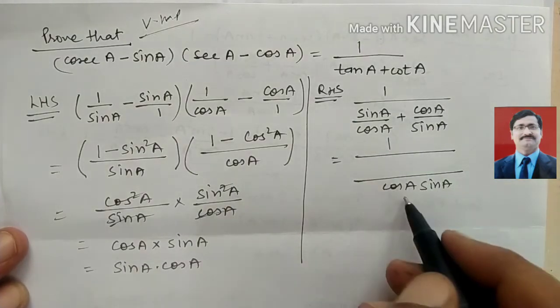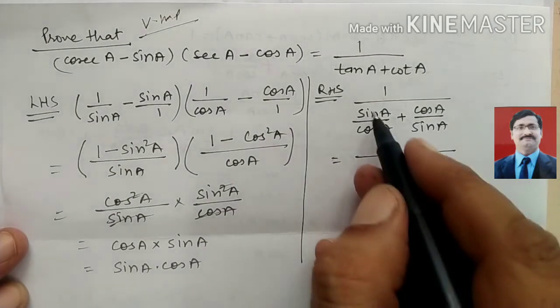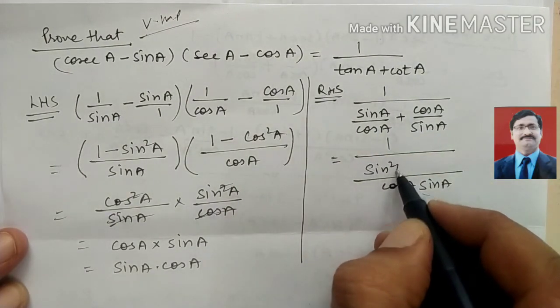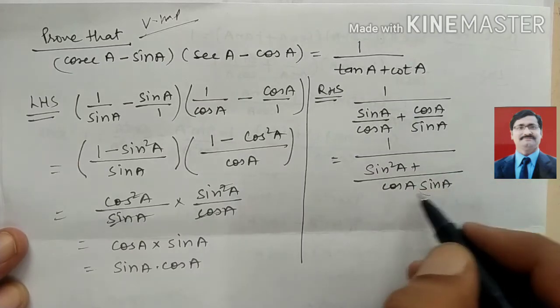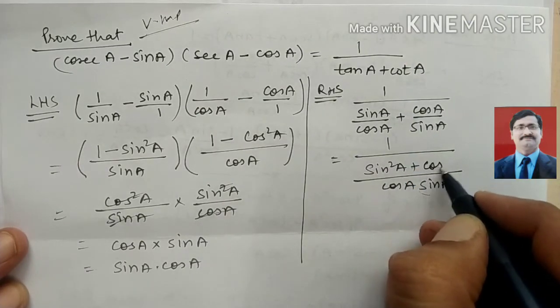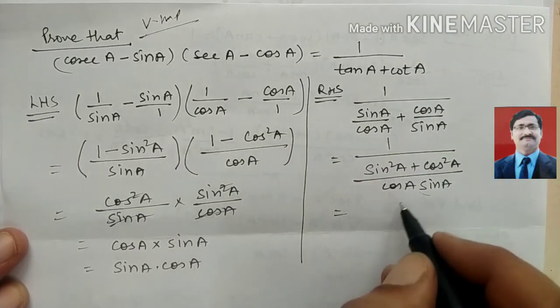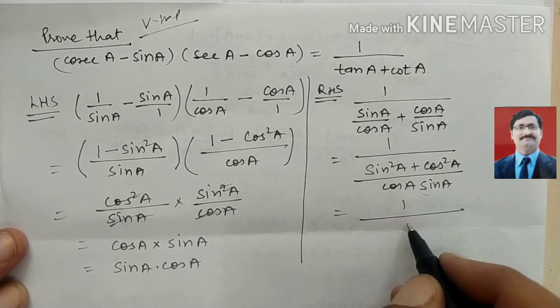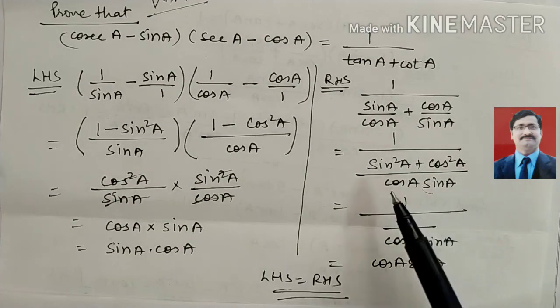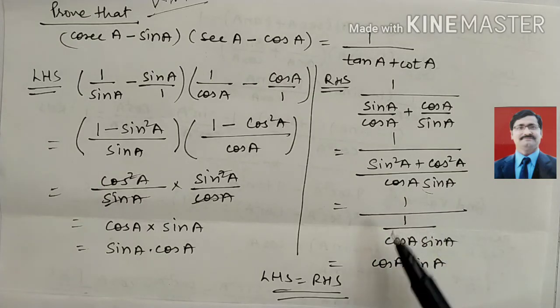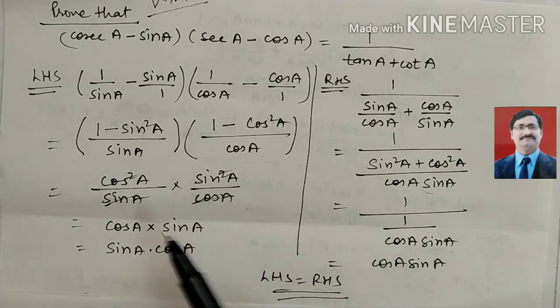Now cos a means we have to multiply by sin a, so sin a into sin a is sin square a, and sin a means we have to multiply by cos a, so you get cos square a. Now you already know that sin square a plus cos square a is 1, and this is upon cos a into sin a. This 1 upon cos a sin a you have to take the reciprocal, and you get cos a into sin a. Look here, both are same, so left hand side equals right hand side.